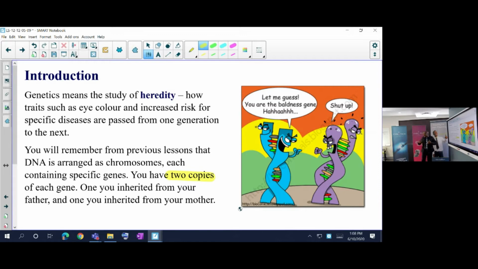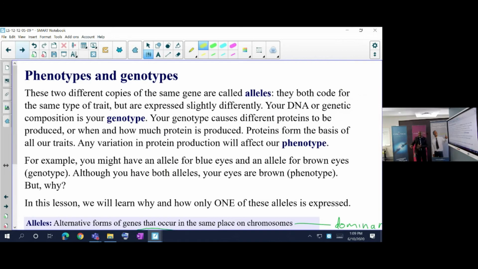In other words, I possess 2 copies of each gene. Where does one come from? The mother, the other one from the father. Hence, we do have 2 copies. I'm sure, as I said, you remember your process of meiosis, having the chromosome, so that I donate half, you receive half from your partner, then the 2 copies will complement each other.